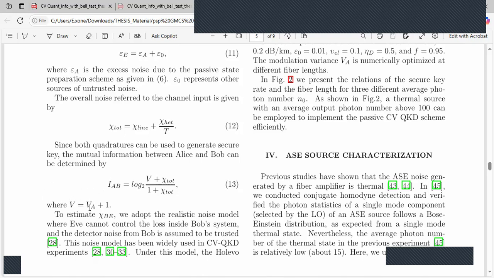Here V is equal to the shot noise, which is the inherent noise in the experimental setup, and V_A is the variance related to the attenuation that Alice applies on the outgoing mode 1 and the average photon number of the thermal state she is using.